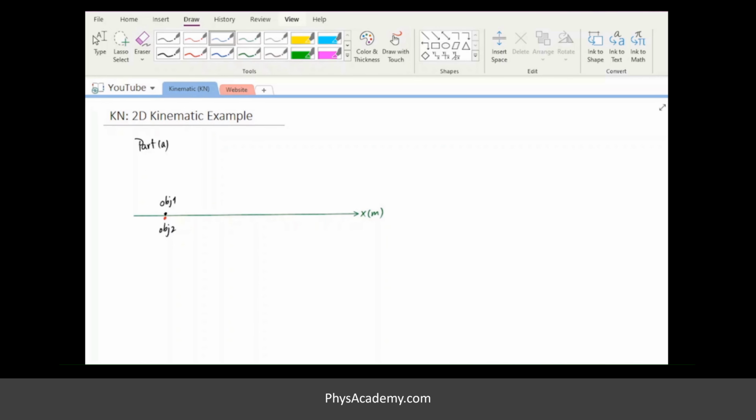The coyote's initial velocity is 0 and the roadrunner's velocity is constant. Remember, in part A, we want to find the roadrunner's velocity, or object 2's velocity.